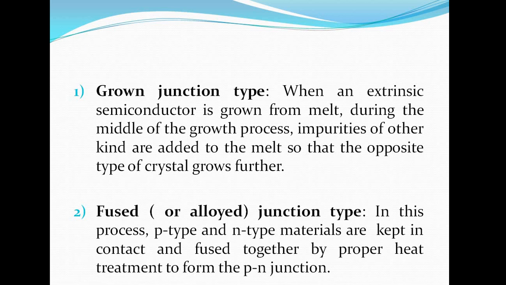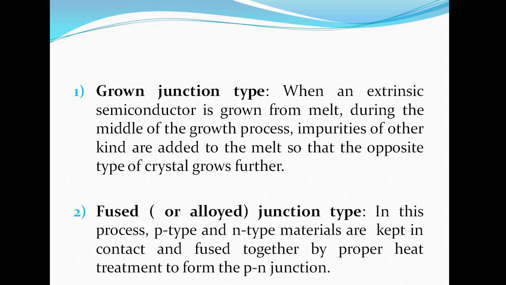The next one is the fused junction type. In this process, P type and N type materials are kept in contact and fused together by proper heating treatment to form the PN junction diode. In the grown junction, we take an extrinsic semiconductor, either P type or N type.